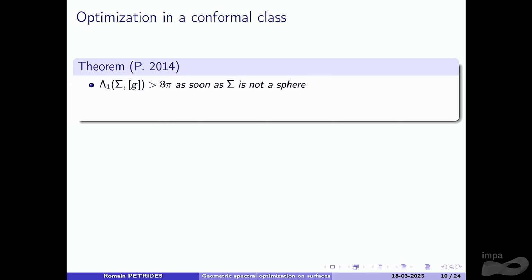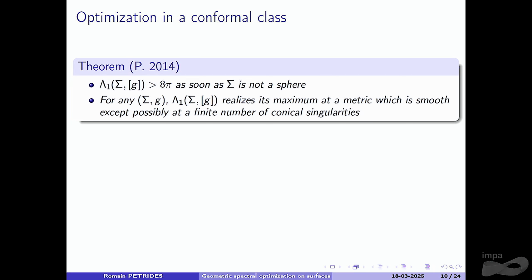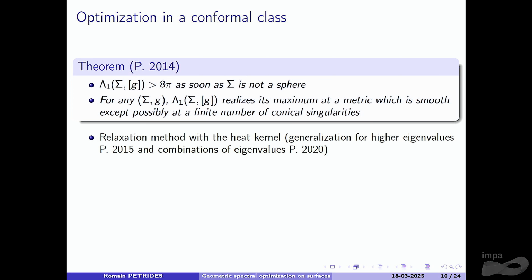And this is okay. I proved in the theorem that you have this condition, that the supremum is bigger than 8 pi if it is not a sphere, and this gives you a regularity result. So I shall explain to you the methods that are hidden within this theorem. Just general things. I used a kind of relaxation method to prove that originally.